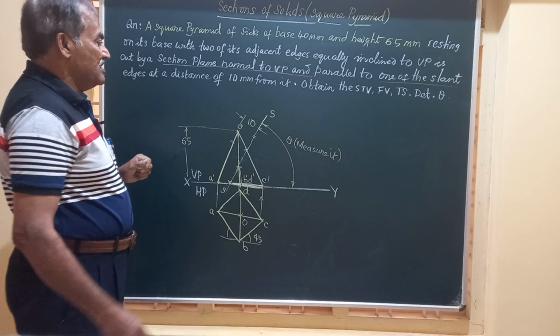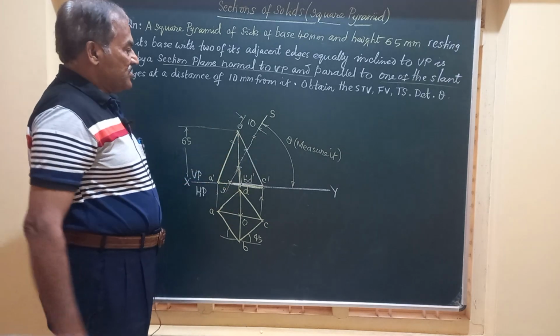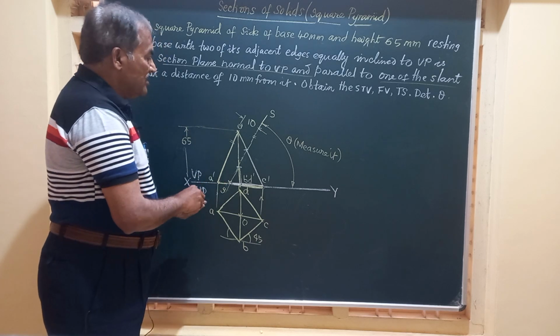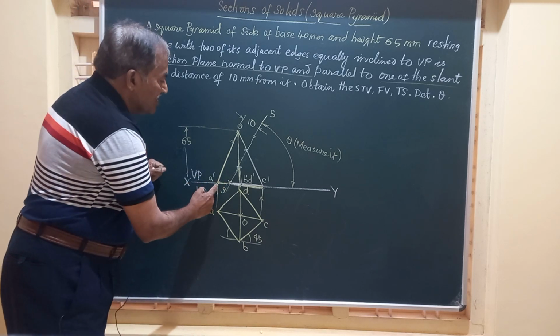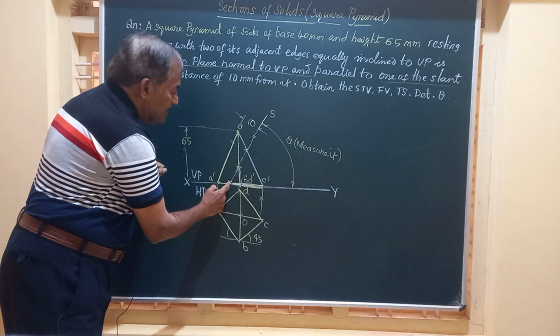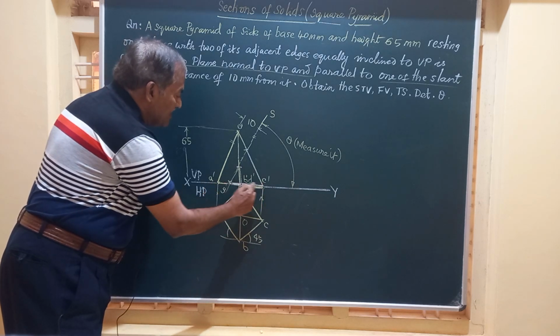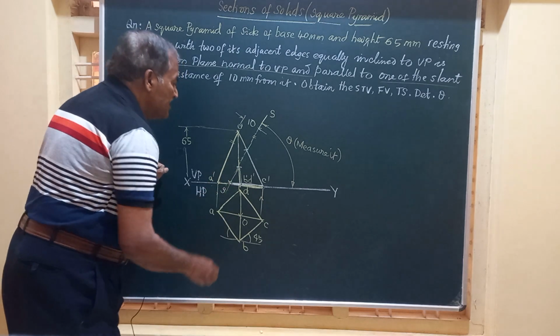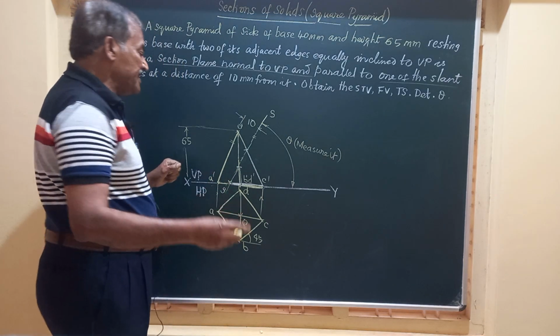Friends, here the section plane SS, which is parallel to the slant edge O dash A dash, is cutting the solid here. This line represents the base of the solid, so it is cutting at this point. That is to know where exactly it is cutting.